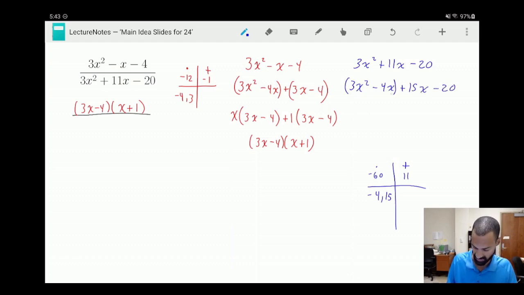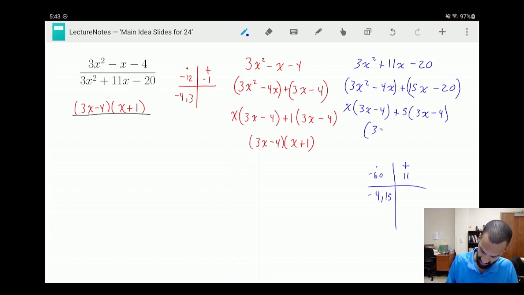Group together my first 2 and last 2 terms, and then we're going to factor out the common factor. 3x squared minus 4x, my common factor is x. That leaves me with 3x minus 4. 15x minus 20, I'm going to factor out a 5. That leaves me with 3x minus 4.